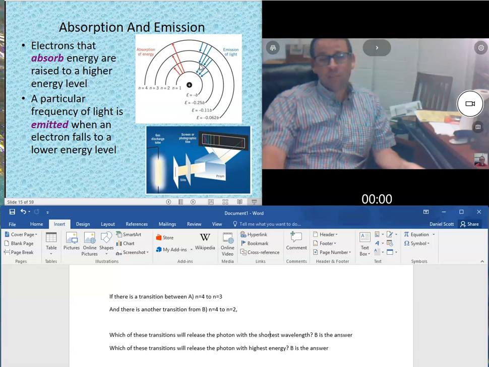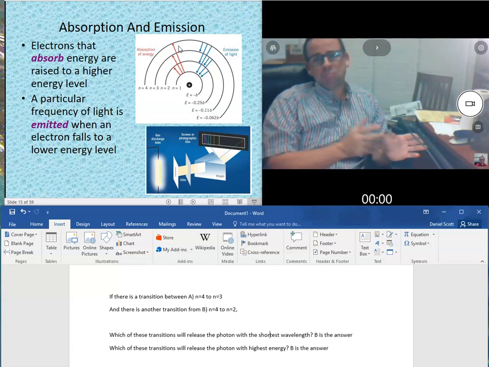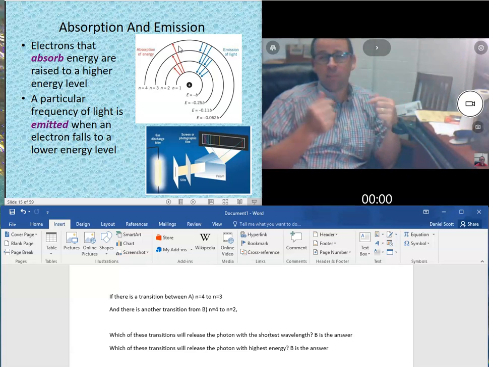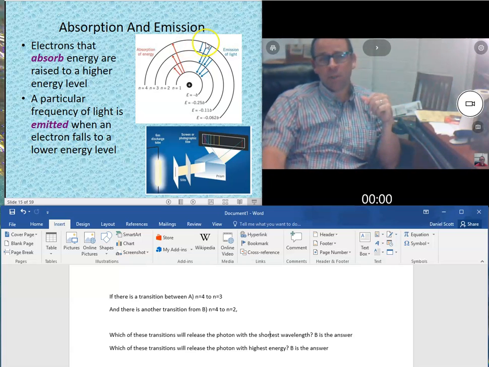And that's why sometimes there are transitions that can occur, because there's a lot of different kinds of transitions. You can see how you could get N4 to N3, N4 to N2, N4 to N1, N3 to 2, N3 to 1, N2 to 1, right? There's lots of different transitions that can occur. So sometimes two different kinds of elements, tungsten, cobalt, might have some wavelengths that are similar because of transitions that are similar in energy.